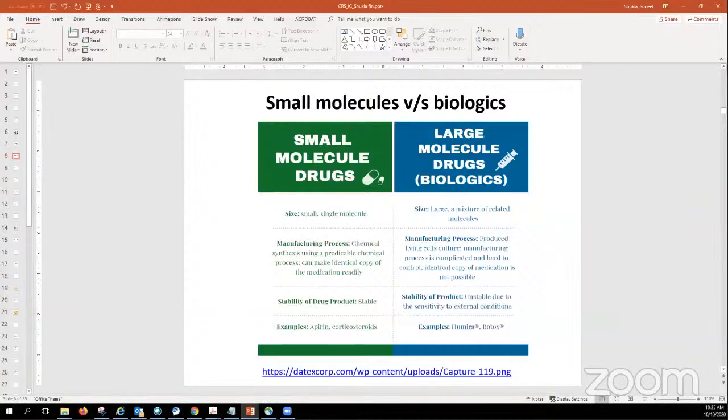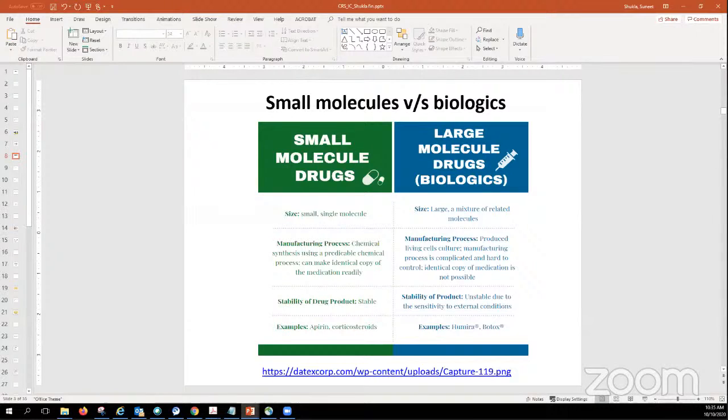Also, the manufacturing process for small molecules is based on chemical synthesis, which uses a predictable chemical process. You can make an identical copy of the medication readily. And after the chemical is synthesized, it's stable. Aspirin or corticosteroid drugs are examples of small molecule drugs. And that's where the generic industry is very well established.